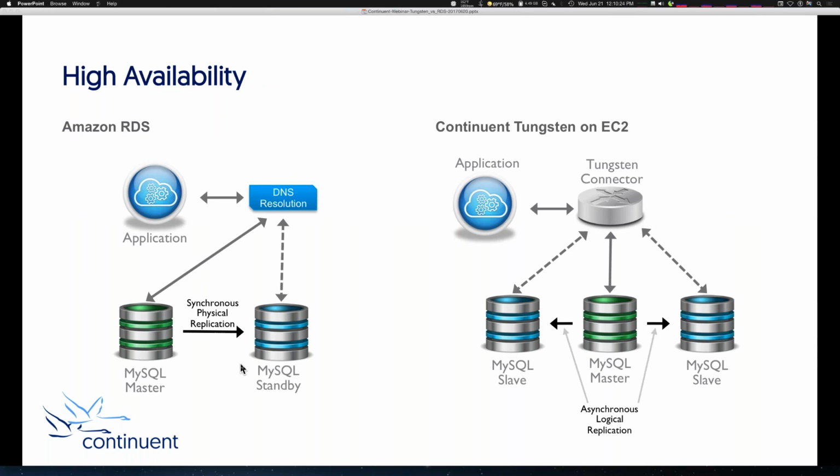All right, so here's some pretty pictures where we talk about the differences in how RDS handles high availability and failover. Now, we've already spoken about this, so we'll just summarize by saying the application will look up the endpoint host name, it will find an IP address, and it will start talking to the MySQL master.